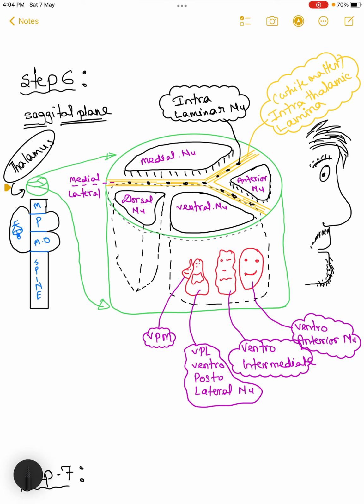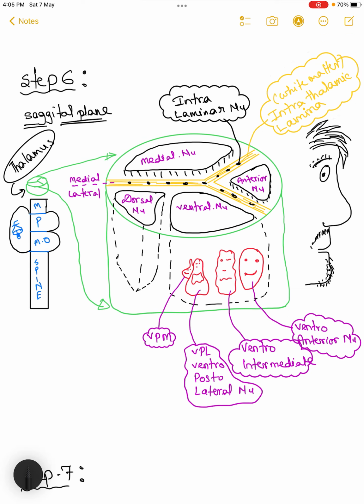To help you orient yourself in this position, I have drawn a face here. Definitely this is a sagittal plane, so you can easily figure this out. Now in this intra-thalamic lamina you will find some black dots.